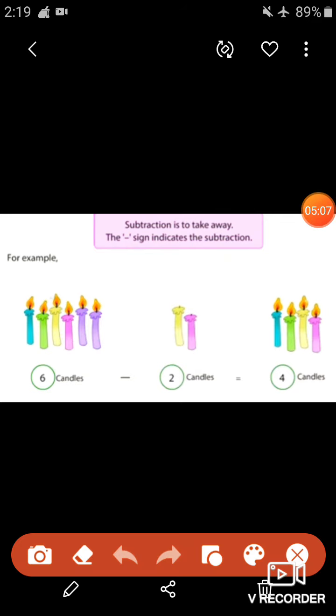For example, look here, 6 candles are burning here, and 2 candles blow off. So how many candles are still burning? Yes, 4 candles. So students, four candles are burning.